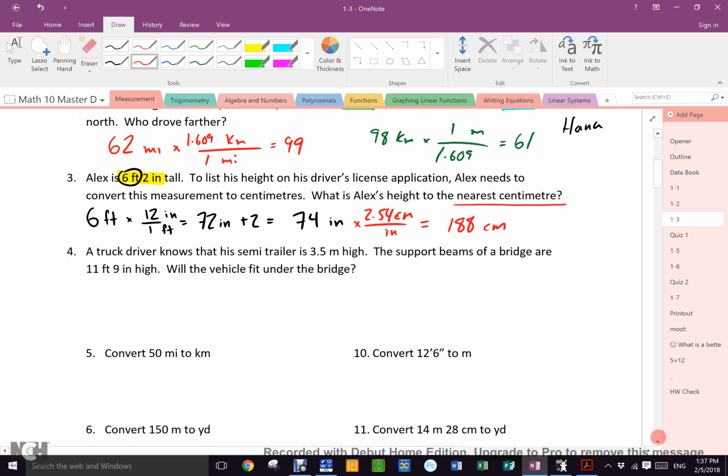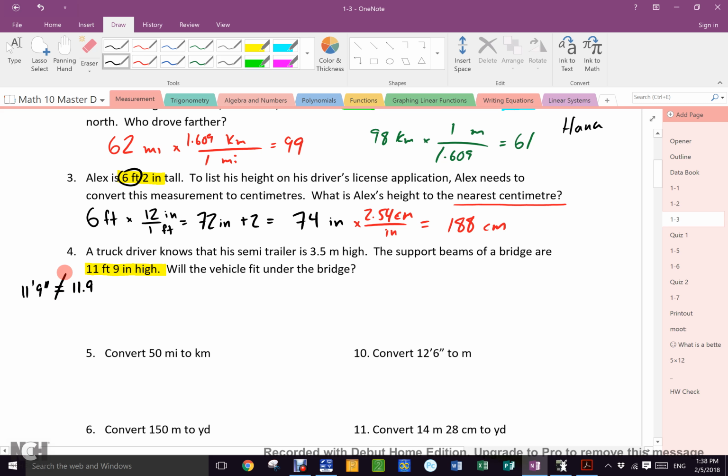Number 4. What's different about number 4? I can convert either one, can't I? Right? I could go meters to feet, or I could go feet to meters. I'm going to give you a little help here. What's weird about that? Is 11 feet 9 inches equal to 11.9 feet?